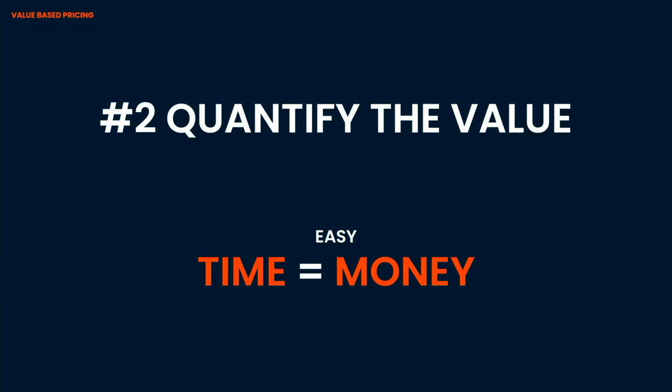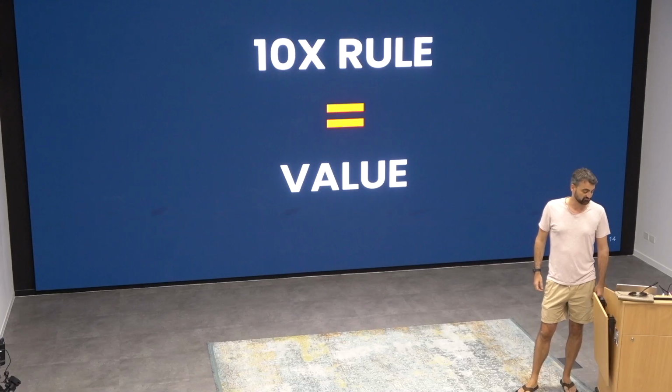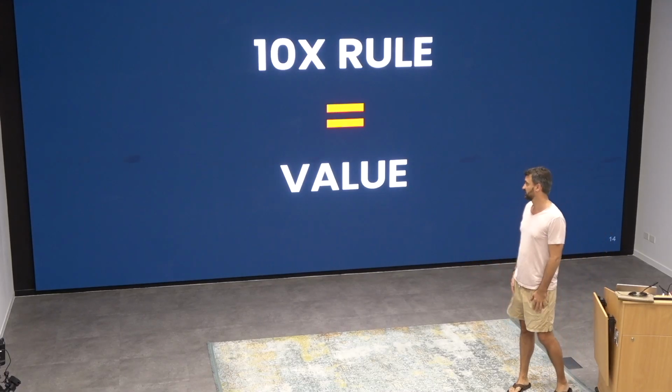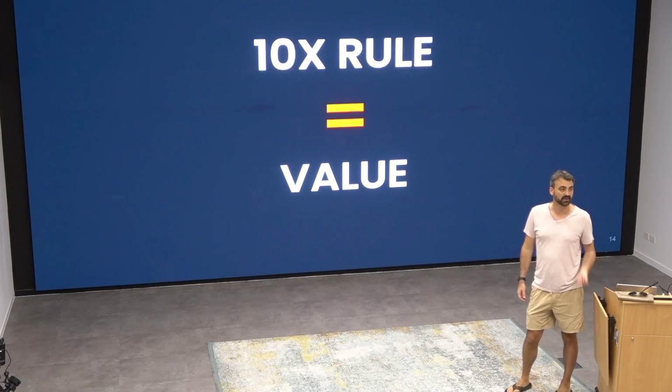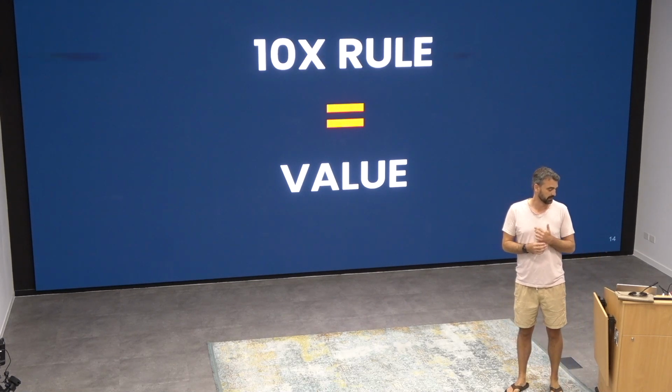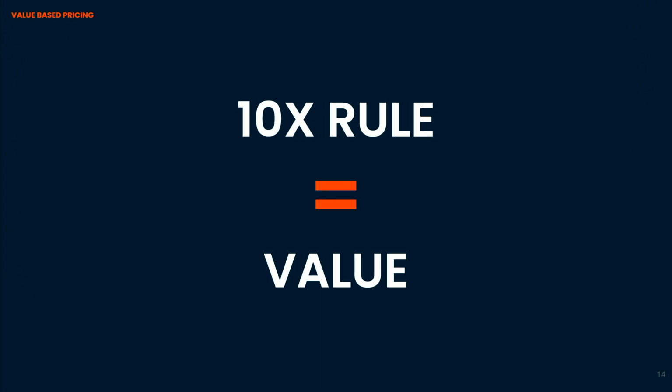You ask them how many hours, and hours are worth that much, and this is how you quantify the value. Then you can apply something I've never really read about anywhere; it's my experience, I guess: you divide by 10.